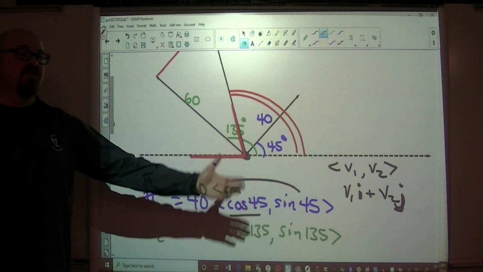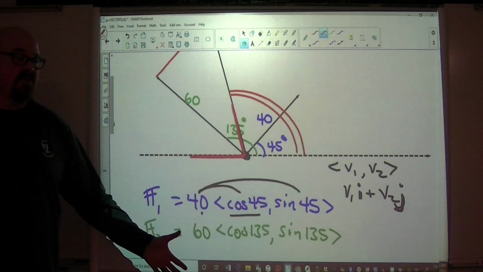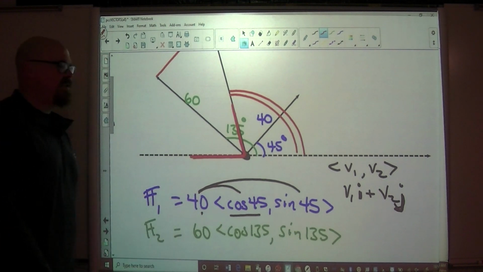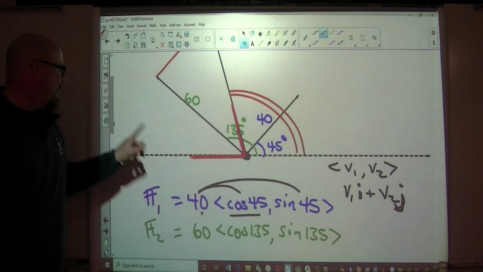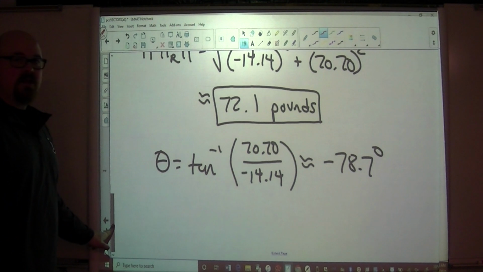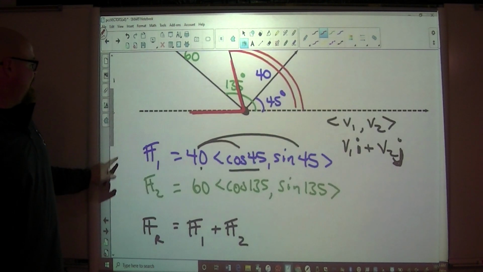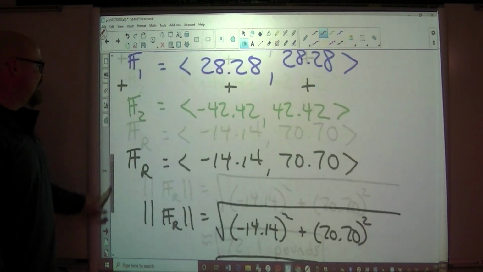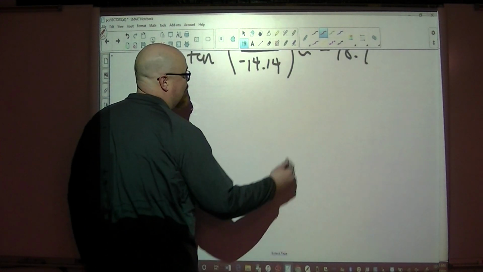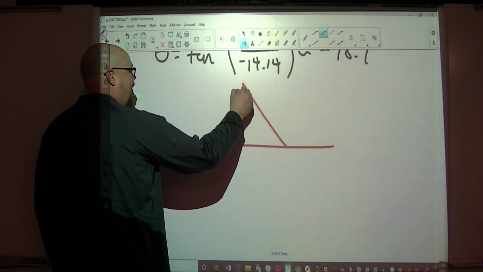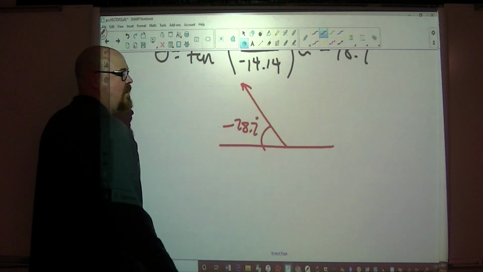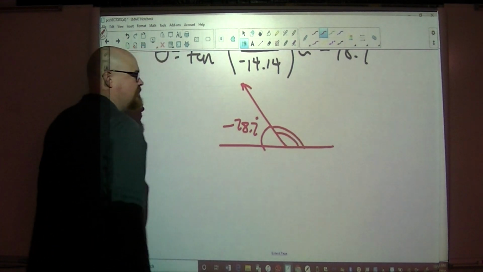You can't trust what the formula tells you to be your final answer. We got this angle, which is negative 78.7 degrees. We're always finding a reference angle when we use this formula. So if this is negative 78.7 degrees, let's draw it down here so I don't have to keep switching back and forth. We got an angle of negative 78.7 degrees here, but we want this angle.